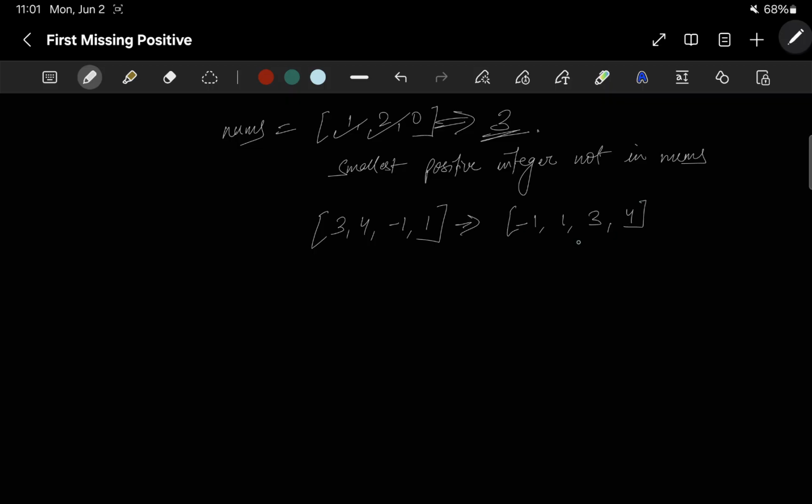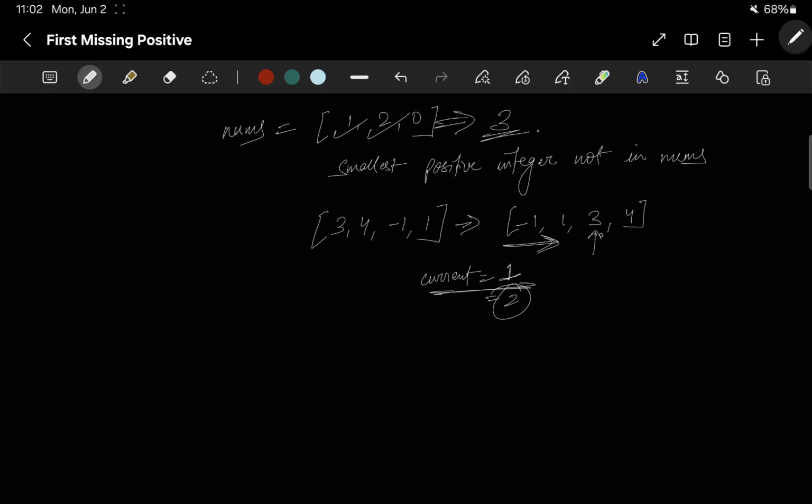Okay, now you start iterating over it. Let's take another variable current, and you initialize it with 1. Now you start from here and check if there is a positive integer, is it equal to current? If yes, then you make current as 2, and you move the pointer from here to here.